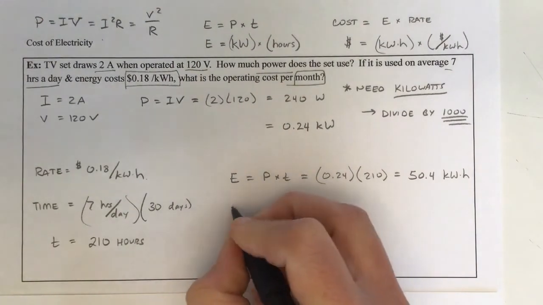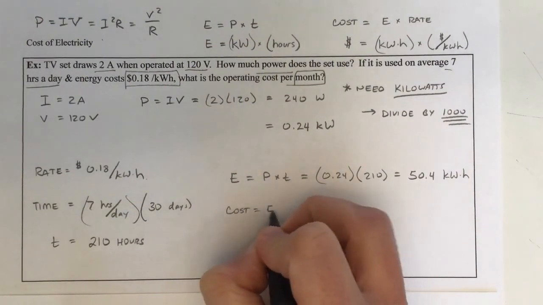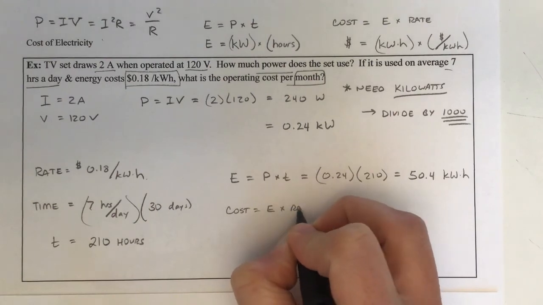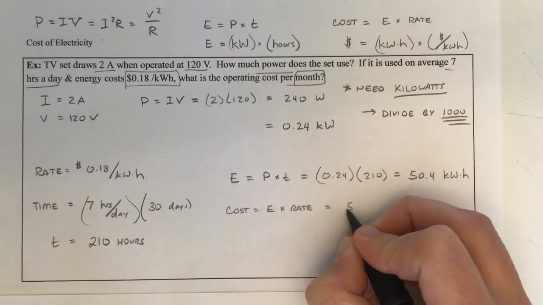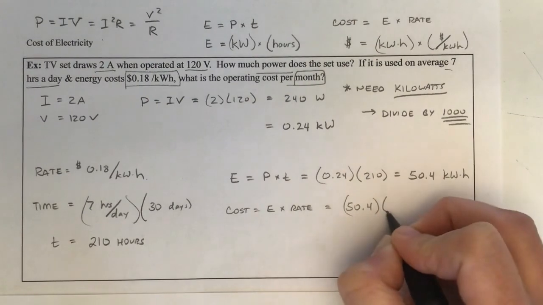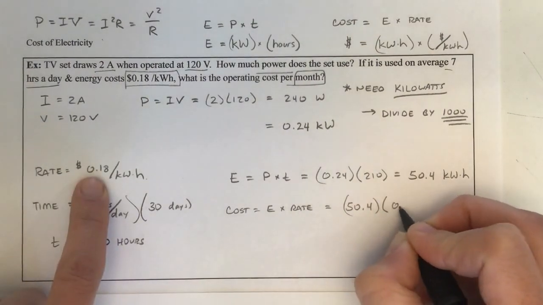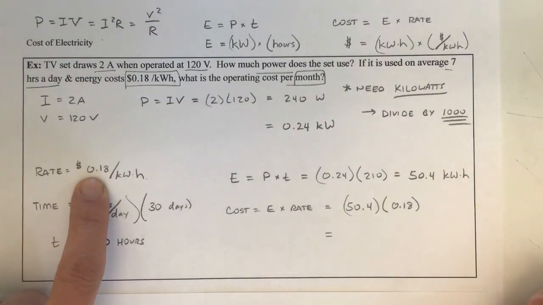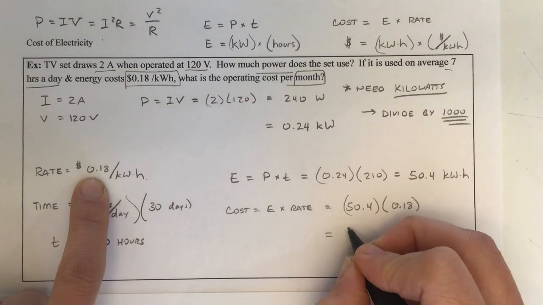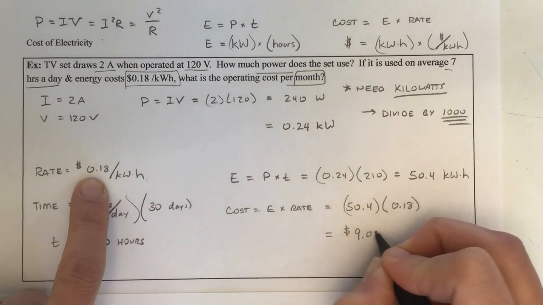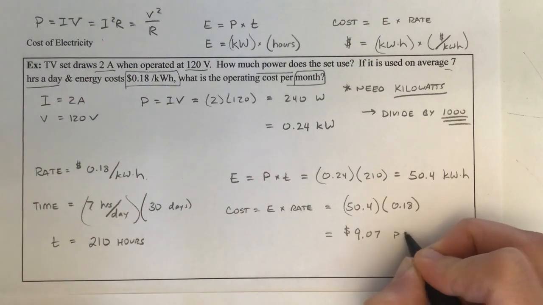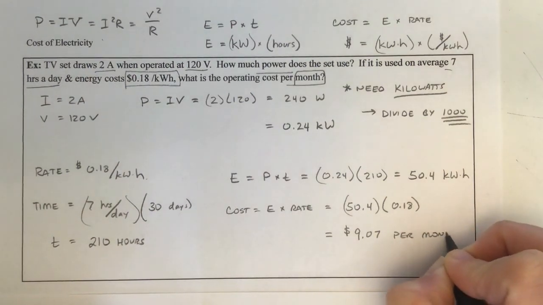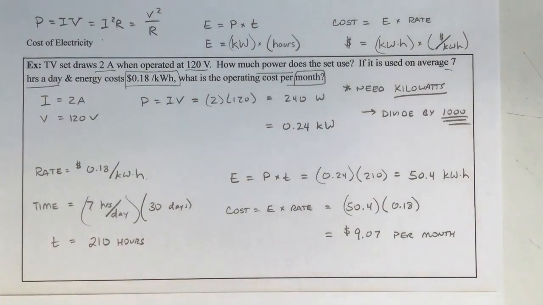Then to figure out my cost, it's my energy times my rate. So that's going to be 50.4 times my rate of 0.18. Multiply those two together and you end up getting $9.07 per month, huh? And that's just for one TV. Some of you people have like a gabillion TVs in your home.